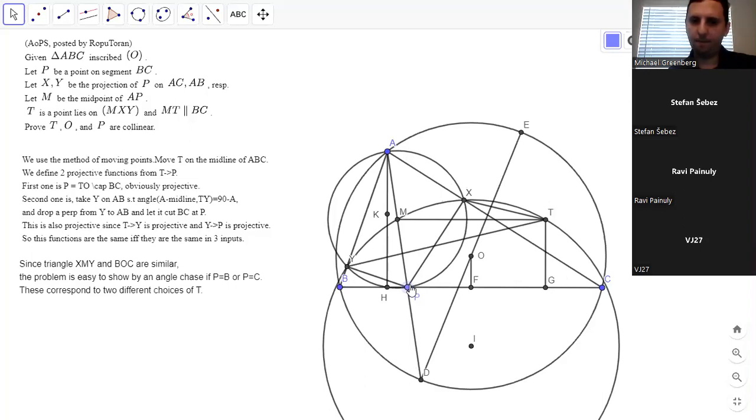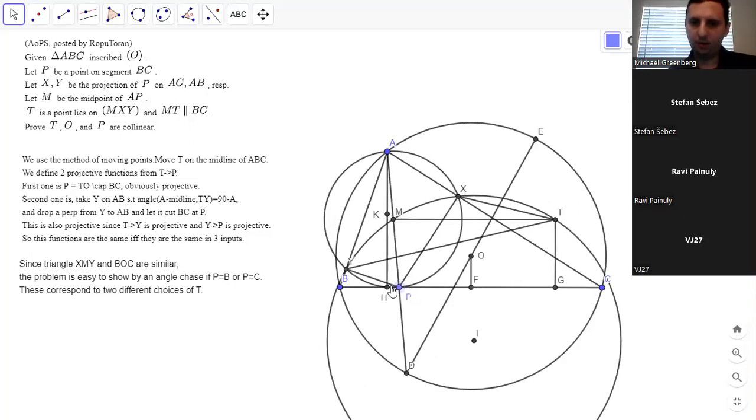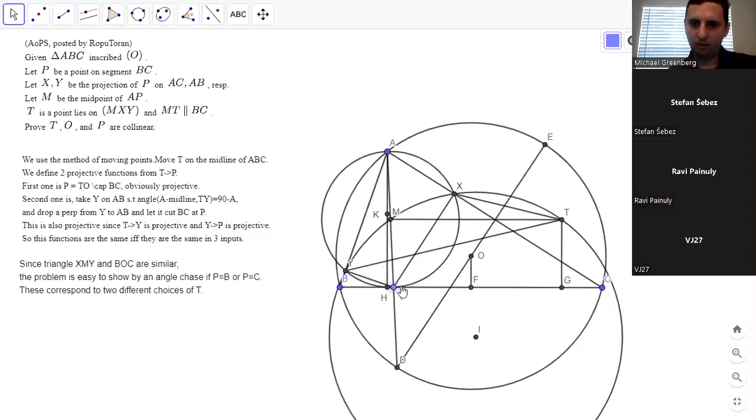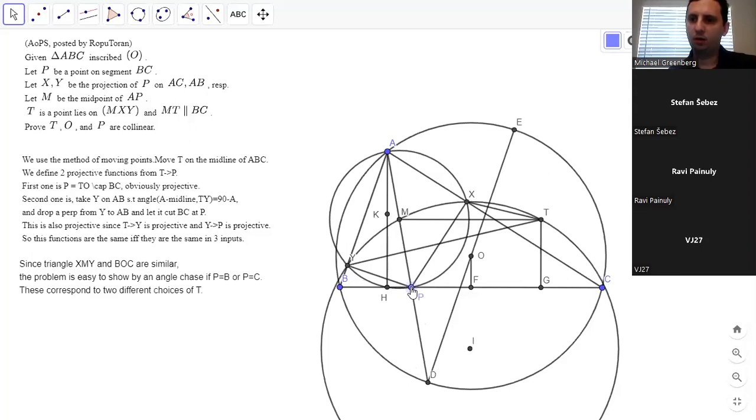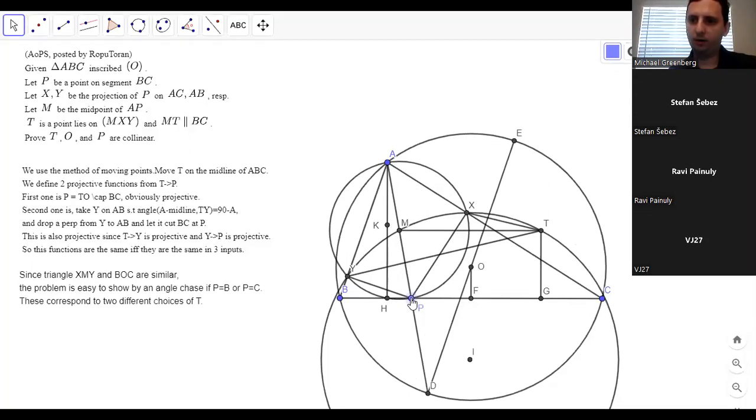Basically, we're saying, okay, be the point of infinity. Yeah, I'm just getting a little confused here. But basically, you're saying it's easy to see in that last case, right? That's what you're saying.